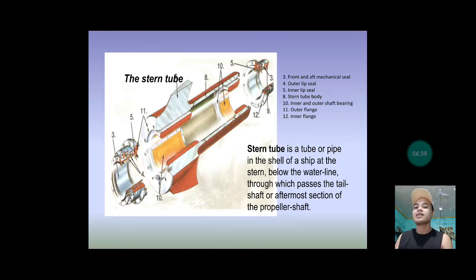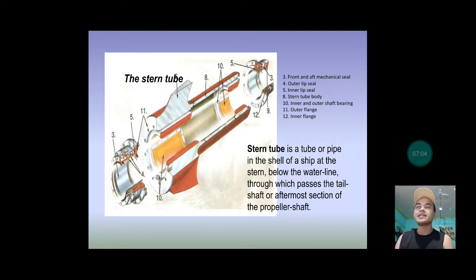So to protect against seawater entering the ship, you should put a stern tube seal at the back of the ship on the propeller shaft. So the stern tube is the one that protects against seawater entering the ship.